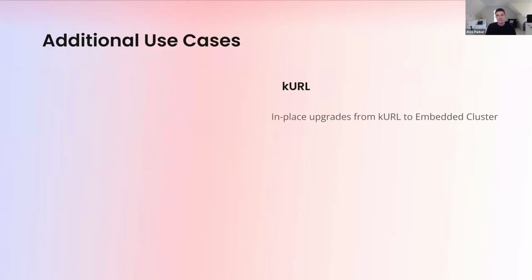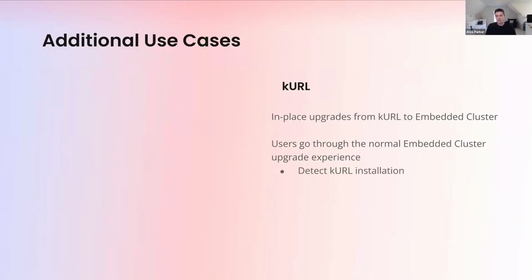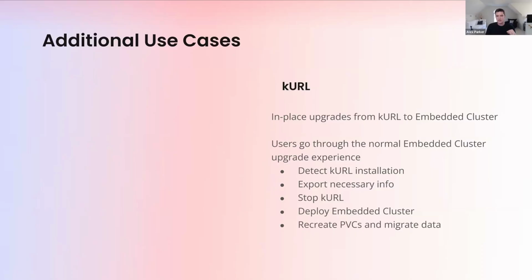And we're currently working on in-place upgrades from kURL to embedded cluster. So this is going to provide an easy way for users who are on kURL to upgrade to embedded cluster. They're just going to go through a normal embedded cluster upgrade experience, much like what I'll try to demo in just a sec. But it's actually going to detect that there's a kURL installation present. It's going to export some necessary information, stop the kURL instance, deploy embedded cluster, recreate the PVCs and migrate the data.